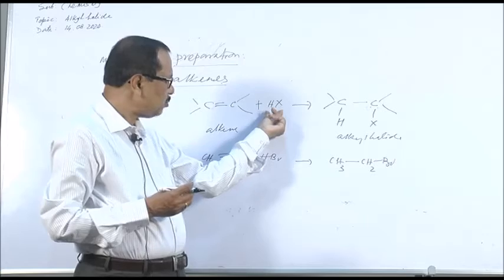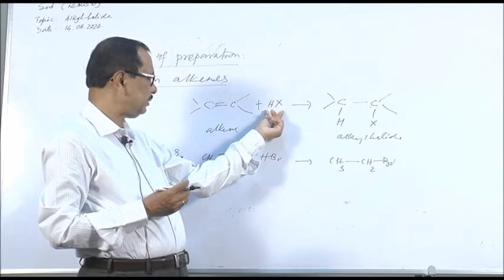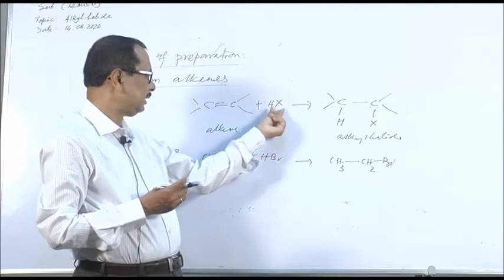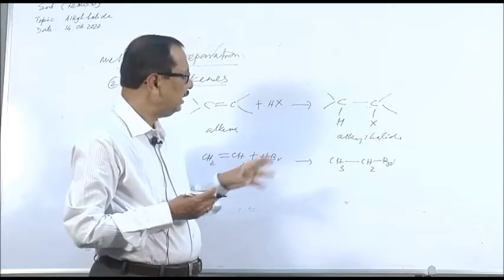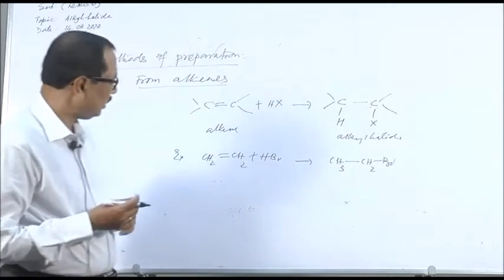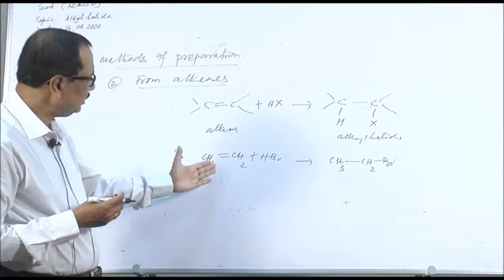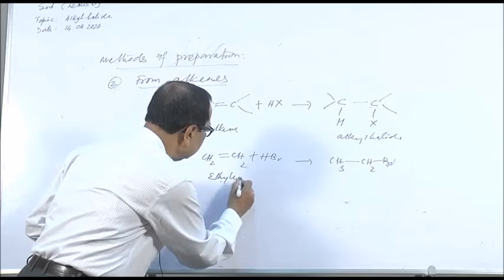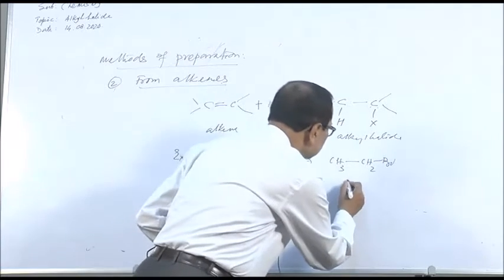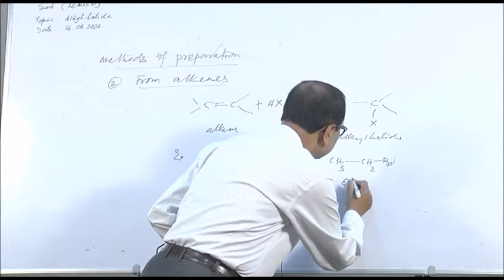This is your addendum. One part of the addendum goes to one carbon atom, another part of the addendum goes to the other carbon atom. Therefore, you get alkyl halide, and the double bond breaks to a single bond. For example, ethylene gives you ethyl bromide.